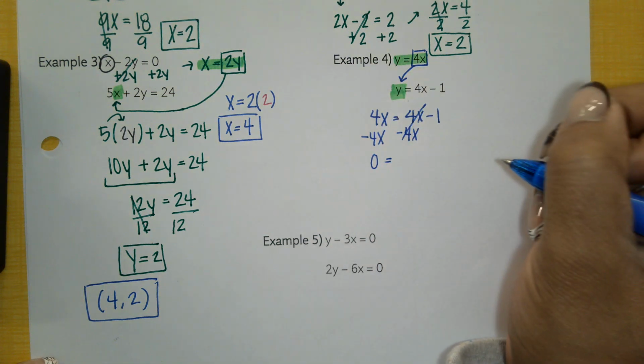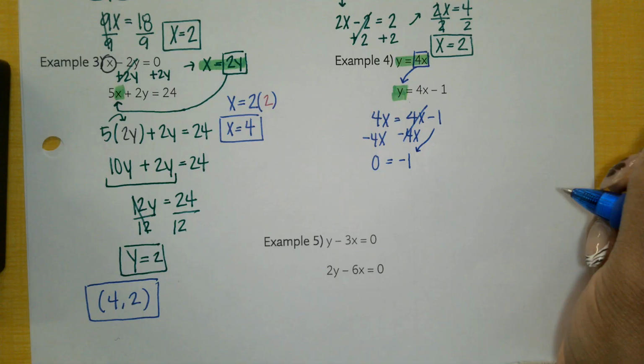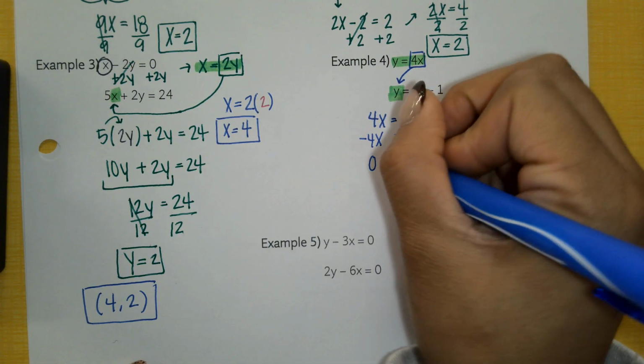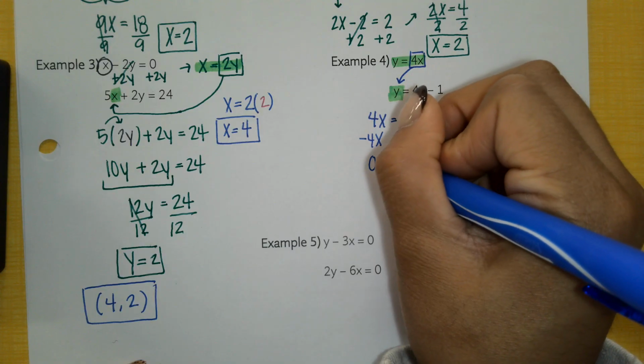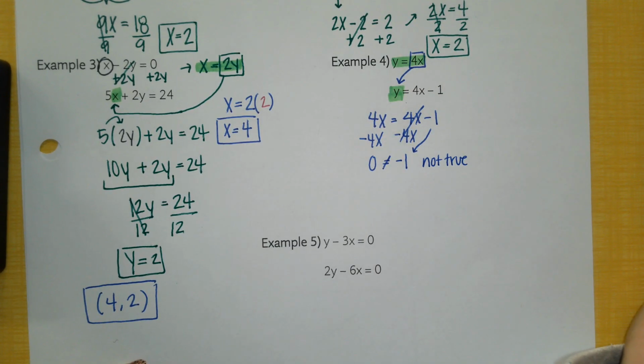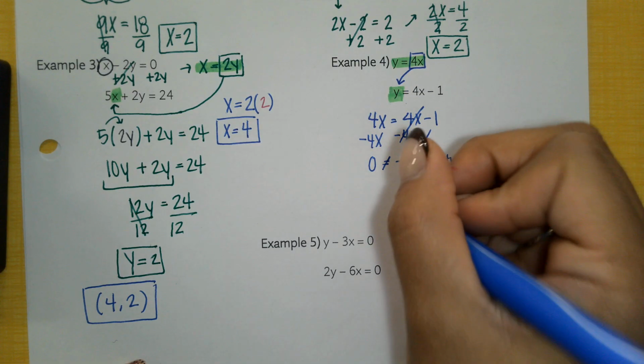Bring down the equal sign. You still have this minus 1 that you want to bring down. So it's going to be 0 is equal to negative 1. Is 0 equal to negative 1? No. So that means that this is not a true statement. So what does that mean if it's not true? No solution.